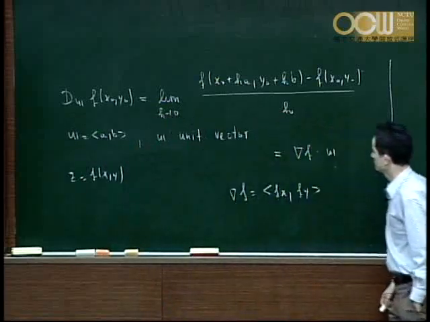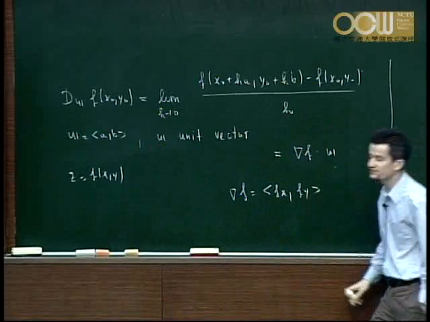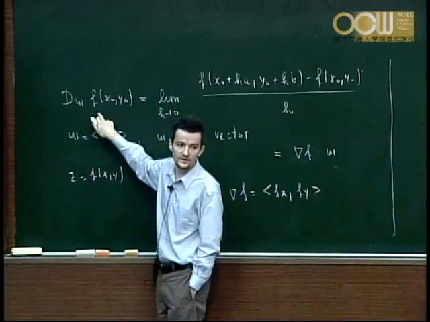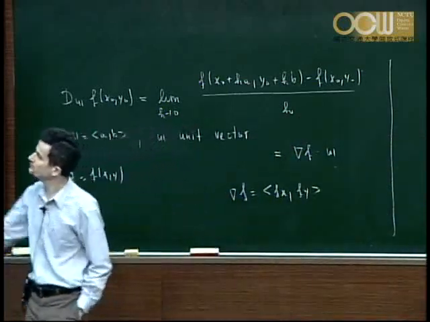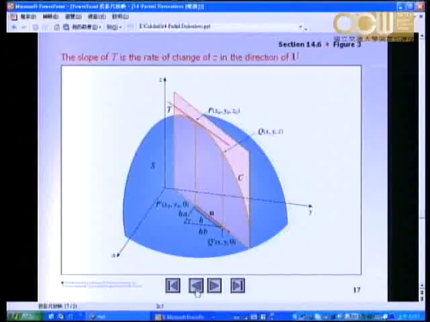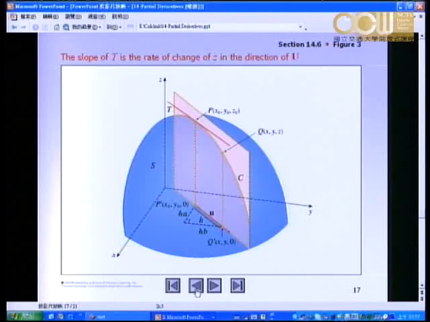And last time we saw already that if f is differentiable at the point P, no matter in which direction you are walking, the directional derivative will always exist and can be computed by this easy formula here.